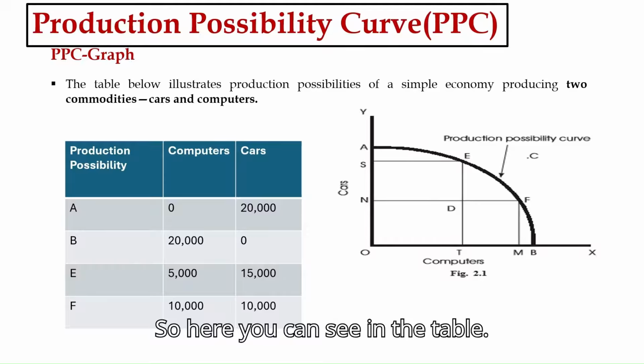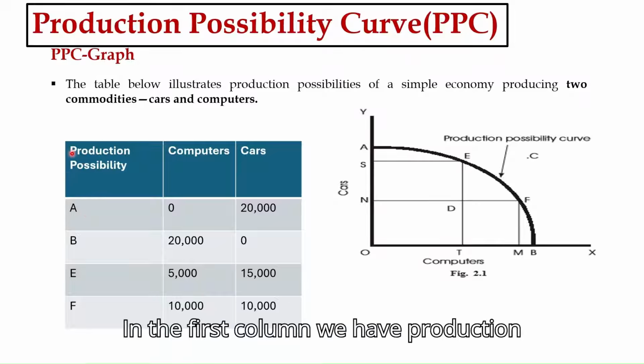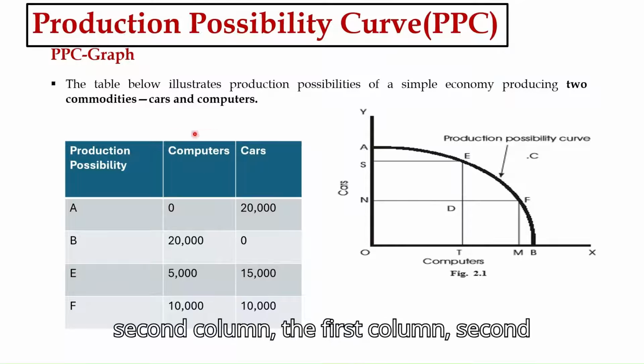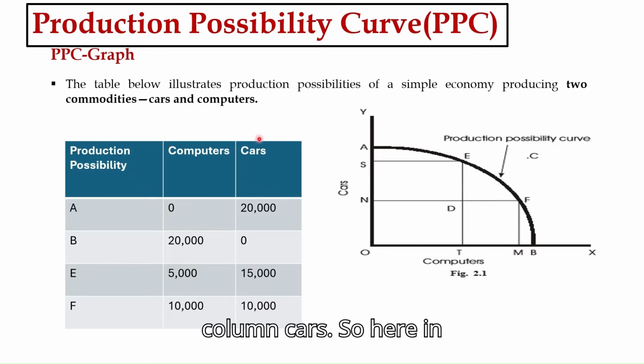So here you can see in the table, in the first column we have production possibility. In the second column we have computers, and in the third column cars.